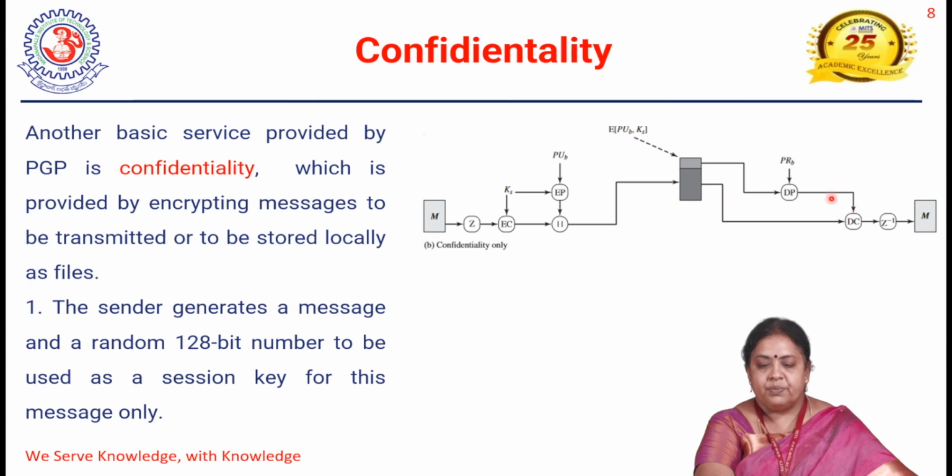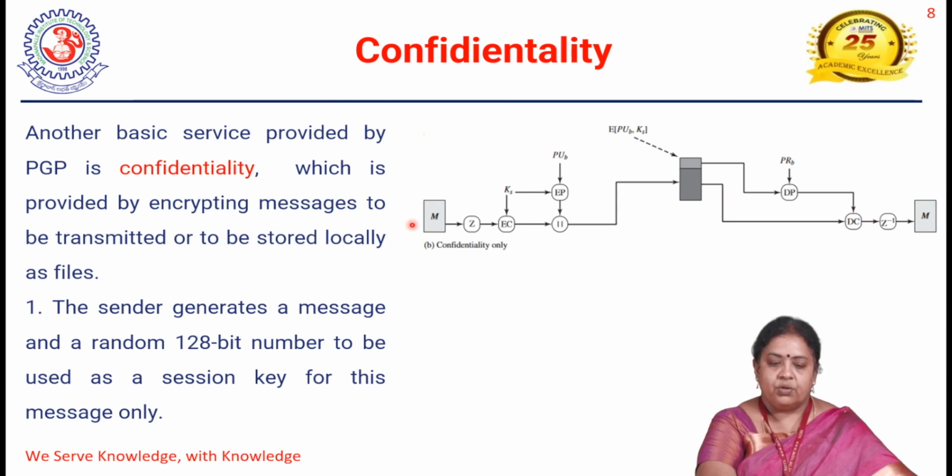If he decrypts the message, he is going to find the compressed format of the message. Then it will be uncompressed by using ZIP decompress, so that the receiver can get the message. So here what we observe is that we have the confidentiality, but there is no authentication.